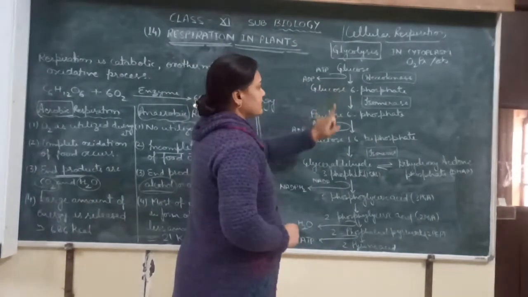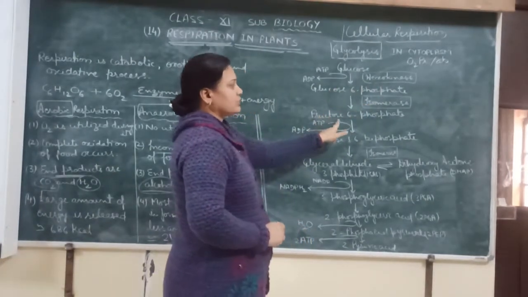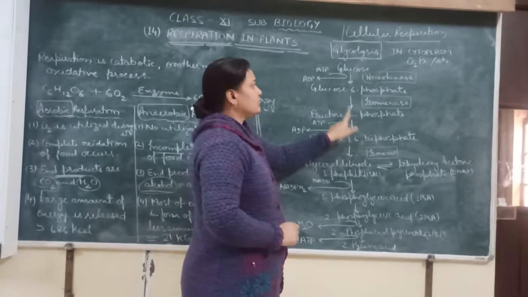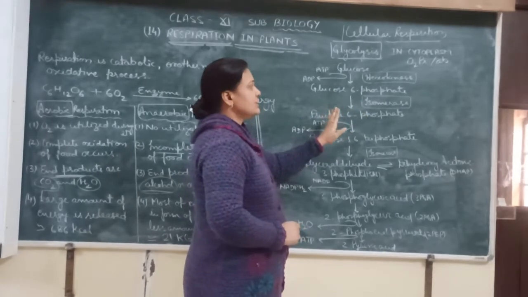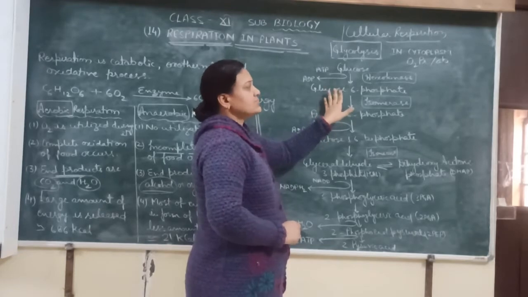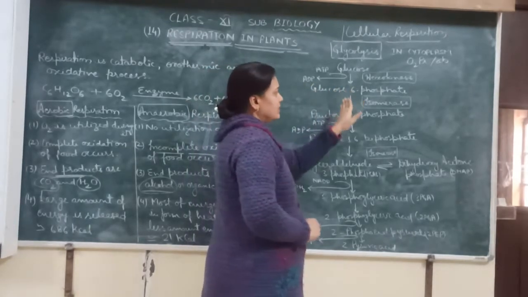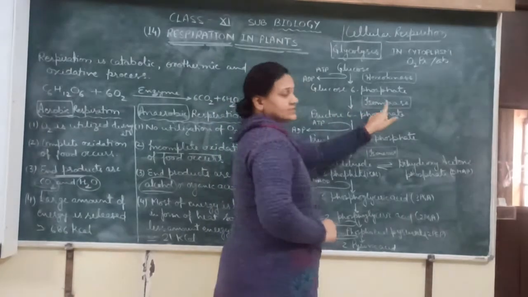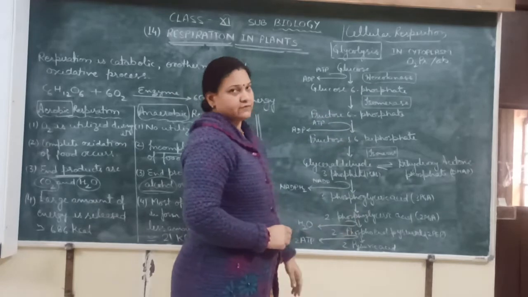This is the first step. The second step is glucose 6-phosphate converting into fructose 6-phosphate, and glucose and fructose are isomers. Isomers means their molecular formula is the same, but the structural formula is different. So the enzyme is isomerase, which converts glucose 6-phosphate into fructose 6-phosphate.